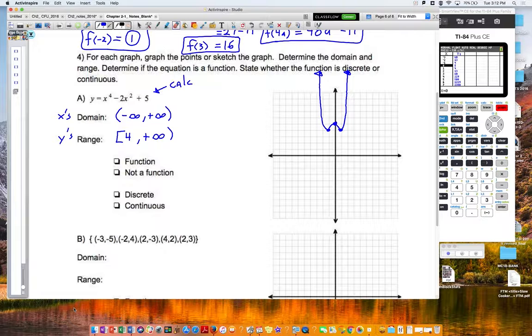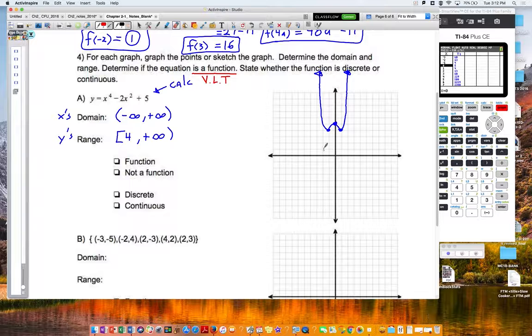So now, the next part: is this a function? Remember, when we talk about if it is a function, we're doing the vertical line test, VLT. That's where we start drawing vertical lines, and we see if our graph is ever intersected at more than one point.